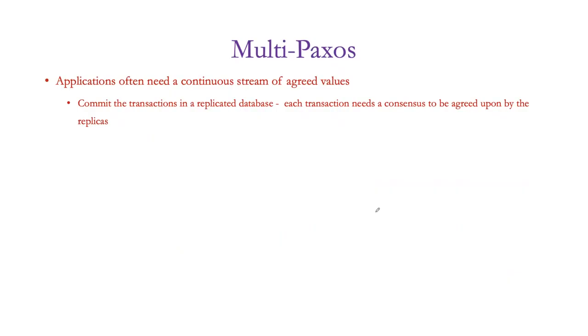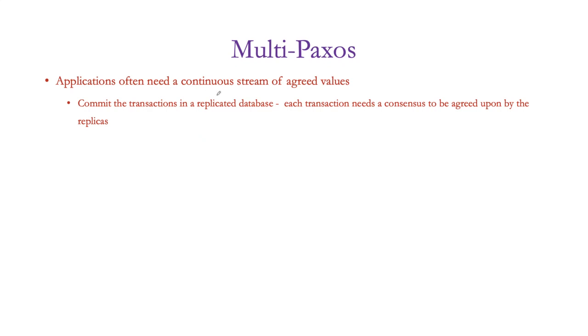In multi-Paxos, applications often need a continuous stream of agreed values. One application of multi-Paxos is flights. When more than one flight is trying to land at a time, it must be updated every time which flight gets the chance to land at the airport.